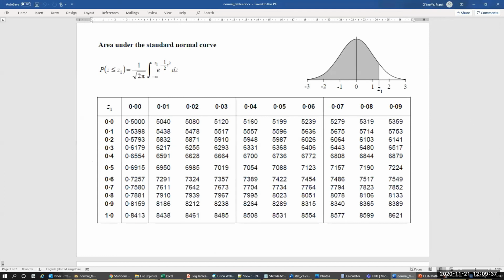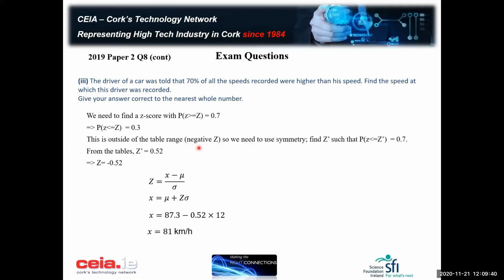So we need to change and exploit symmetry, and look for, instead of the P of z less than or equal to z, a corresponding symmetrical value, which would be P of z greater than or equal to z prime being 0.3, which means that P of z less than or equal to z prime, we're back to 0.7.